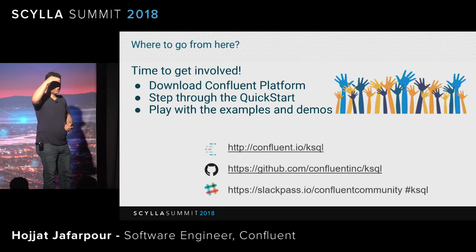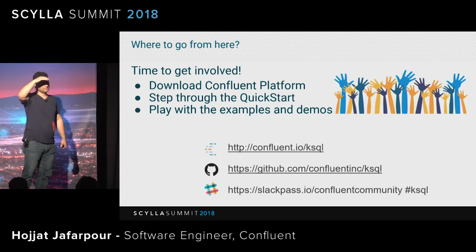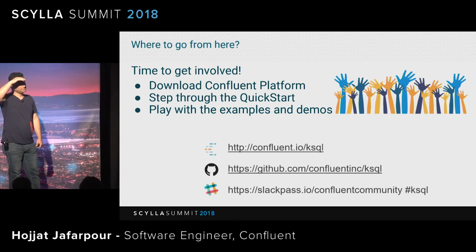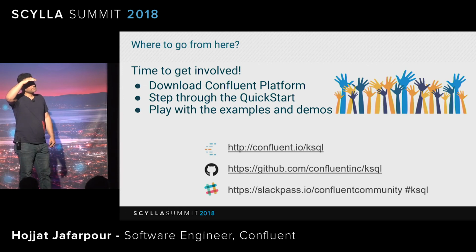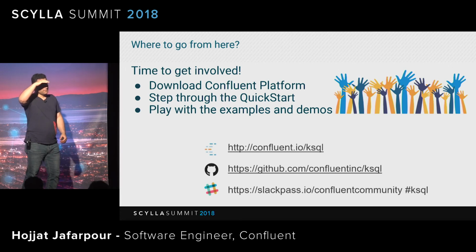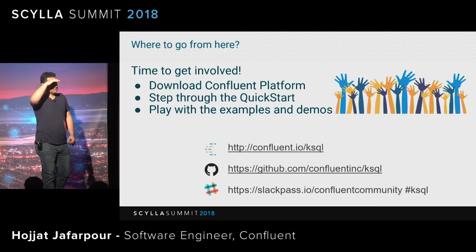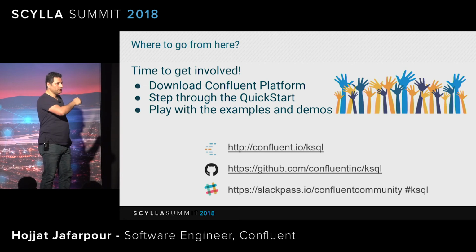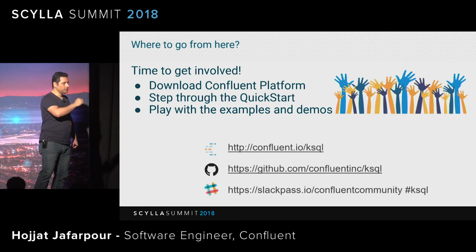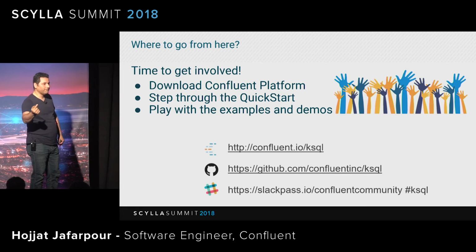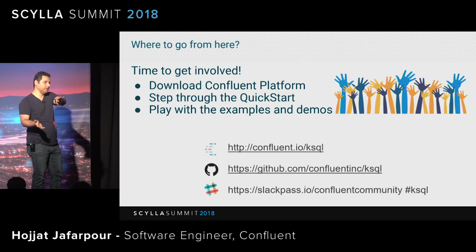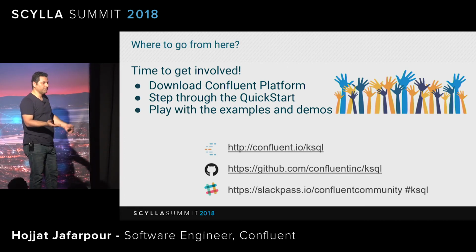Other questions? Yeah. So you gave an example for user table. Where is that user table data stored? Is it in Scylla or in Kafka? For the KSQL part, everything is going to be in the Kafka topics. But your user table information can come from any place that you have the user table. Let's say you store them in a table in Scylla.